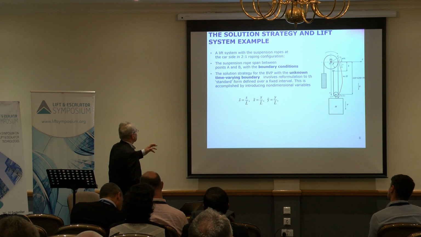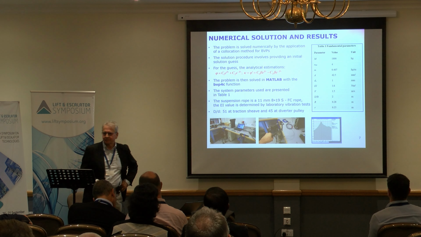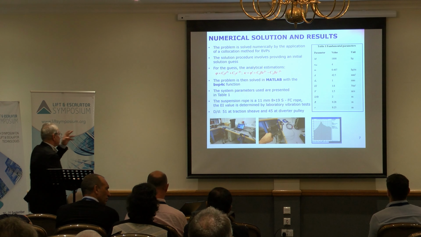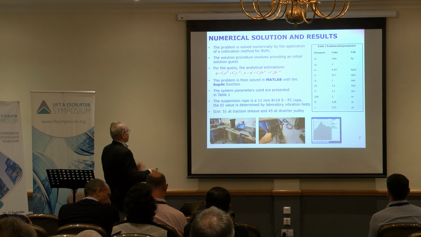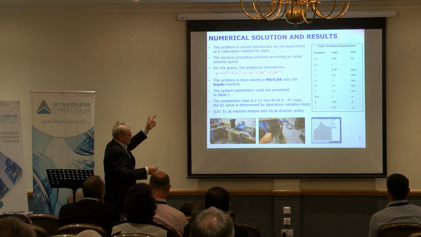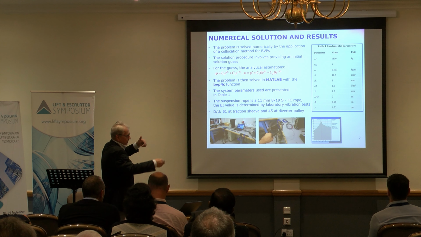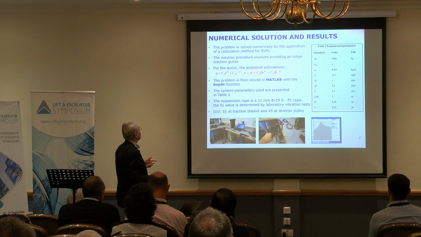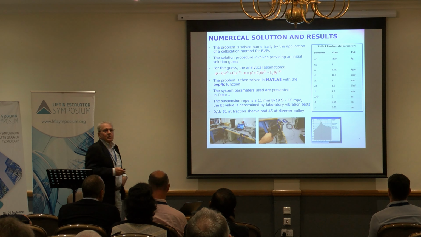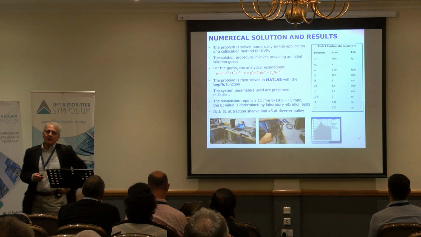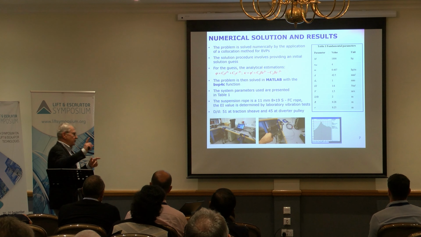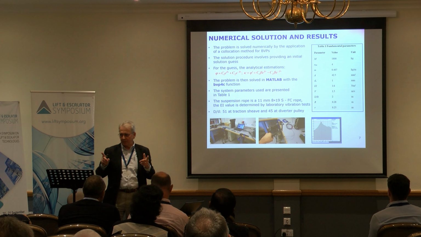Okay, so I want to show you results now on one very simple example, for this rope and sheave system, and pulley and rope system at the car side. The problem is what is referred to as a boundary value problem. Don't confuse it with an initial value problem, that's different.